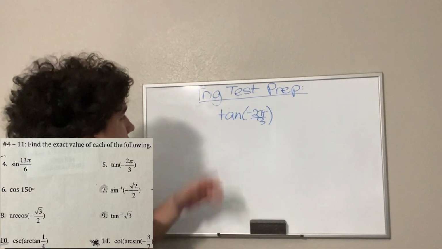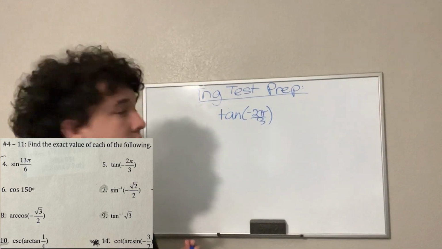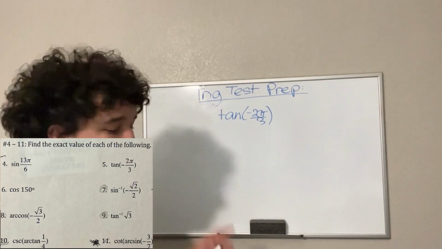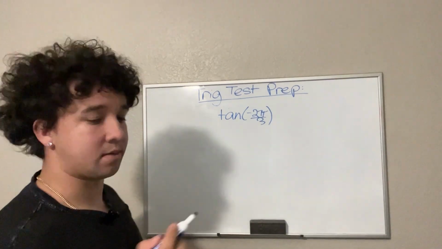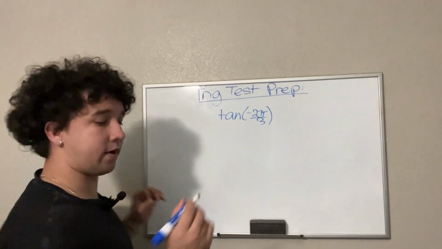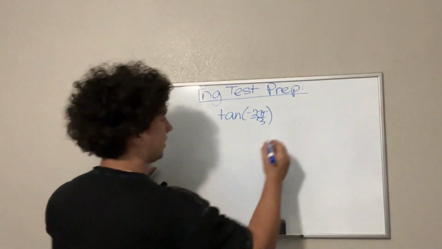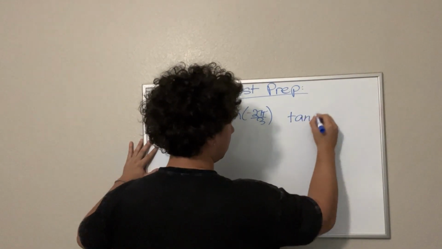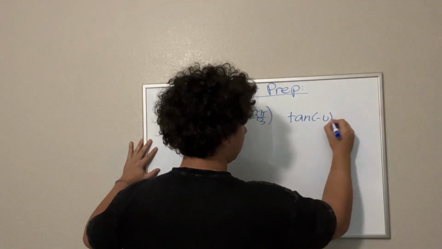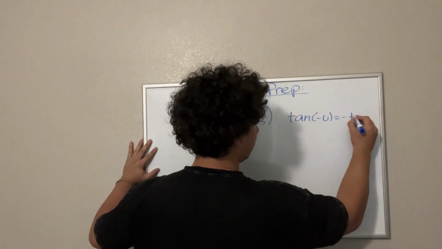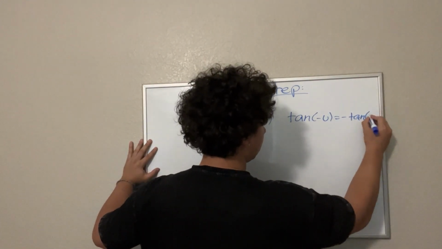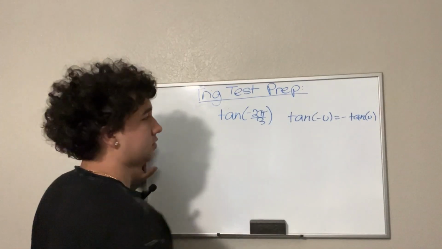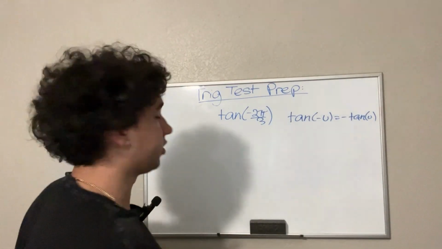All right, so now we have the tangent of negative 2 pi over 3. The first thing I'm noticing is that it's negative, but tangent's odd. What does that mean? Odd trig values have this identity, which is, in this case, the tangent of negative u is equal to the negative tangent of u. The best way for me to explain this is not to use tangent, but to use sine, because sine is also odd.